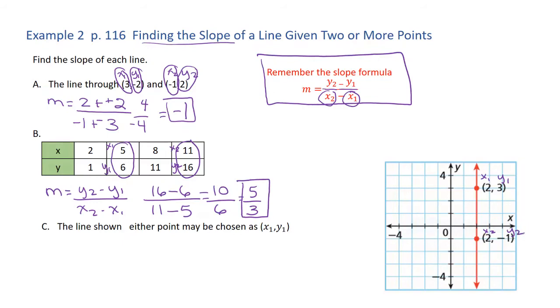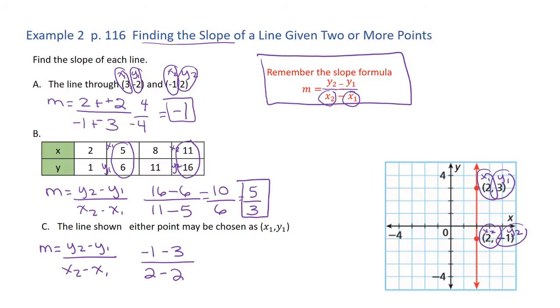To find our slope, remember slope equals y2 minus y1 over x2 minus x1. Our y2 we said was -1, so let's put -1 minus our y1, which is 3. And all of that is over x2, which we said is 2, minus x1, which is also 2.